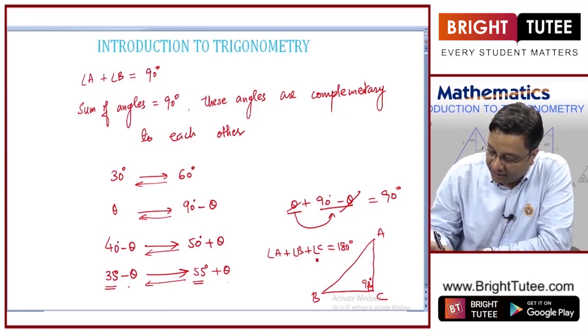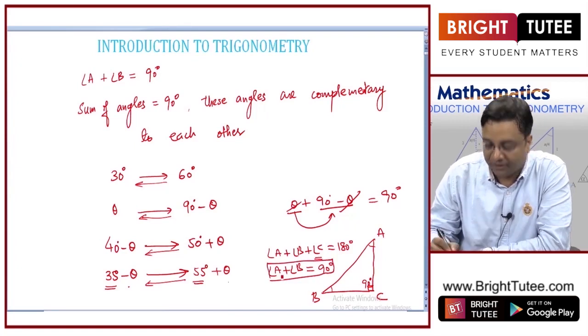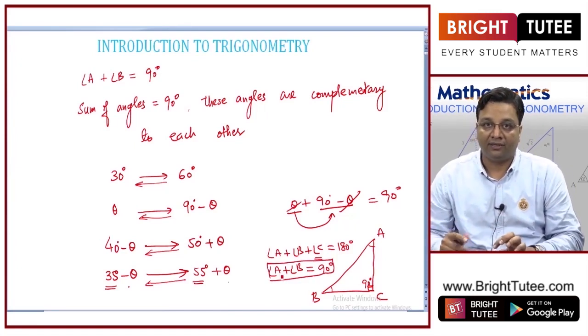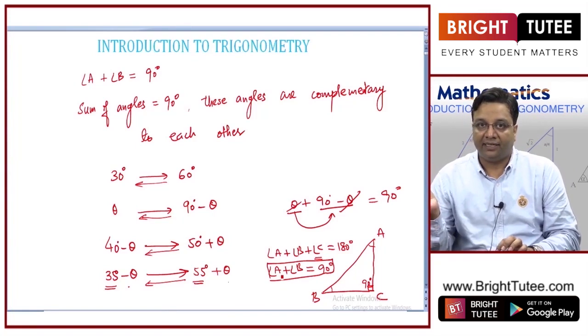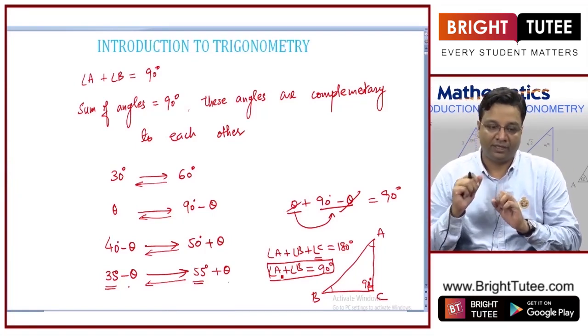And angle C is 90 degrees, so if I put the value of angle C, then angle A plus angle B will be equal to 90 degrees, right? So in a right angle triangle, leaving the right angle, the rest of the angles are complementary to each other.